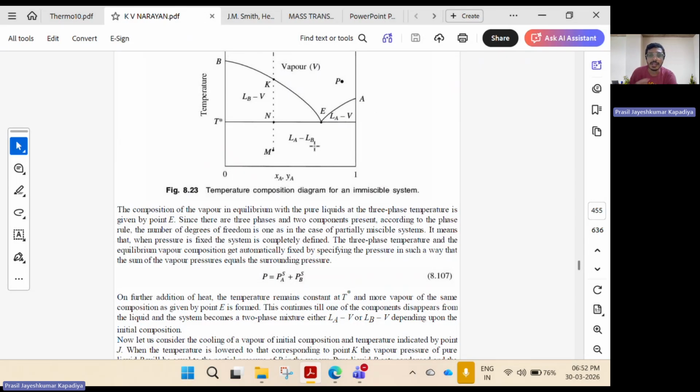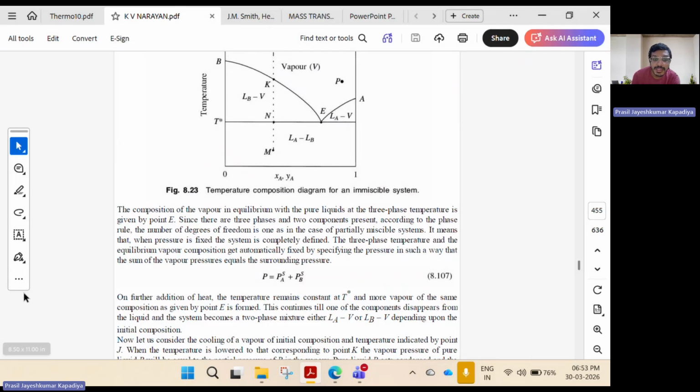We have two components, C is equal to 2, and three phases, LA, LB and V. So 2 minus 3 plus 2, we are left with only 1 degree of freedom. That gives us 1.